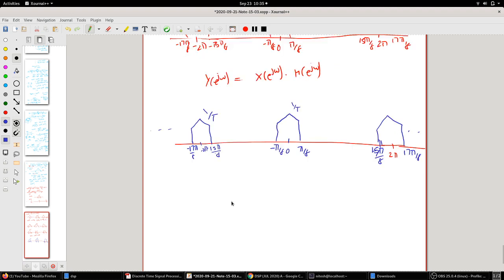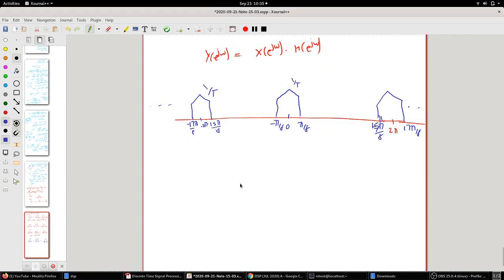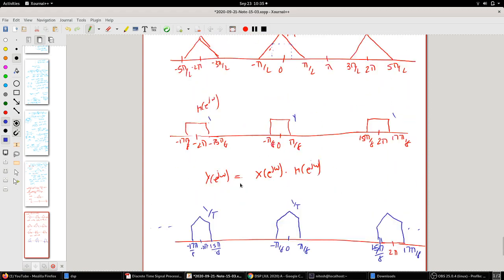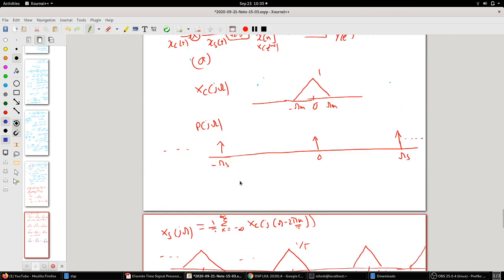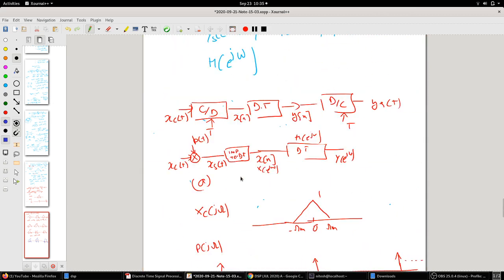Now this y of e raised to j omega is passed through a D2C converter. So your D2C converter, first thing is it uses the impulse response. This particular discrete time sequence is converted into an impulse train where you get your y of e raised to j omega t.